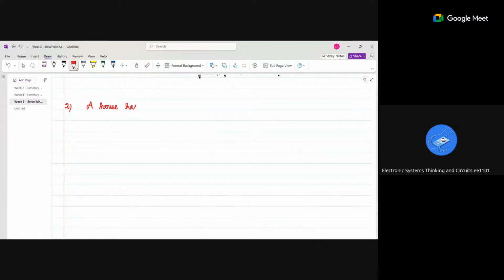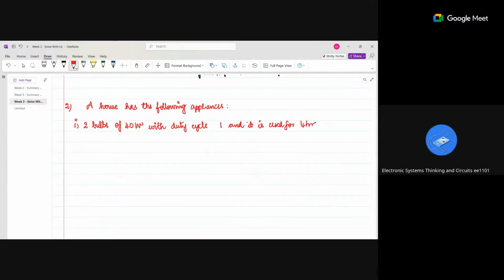A house has the following appliances. 2 bulbs of 40 watt with duty cycle 1, used for 4 hours per day.